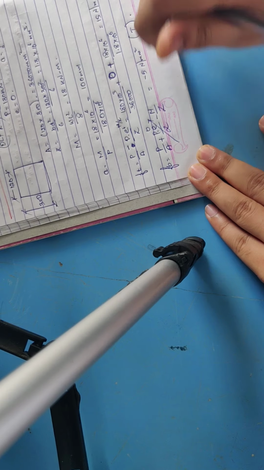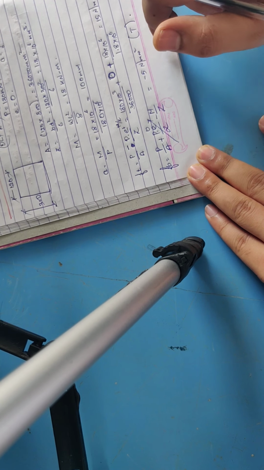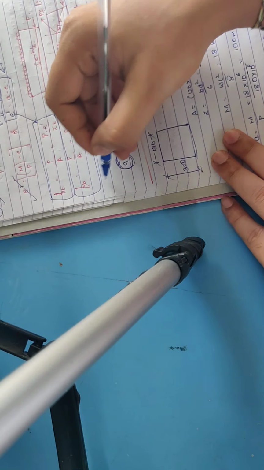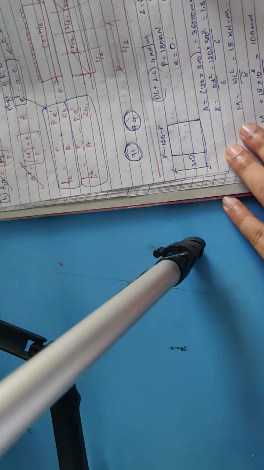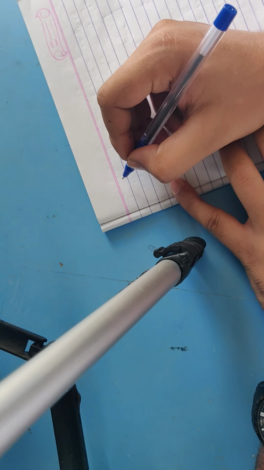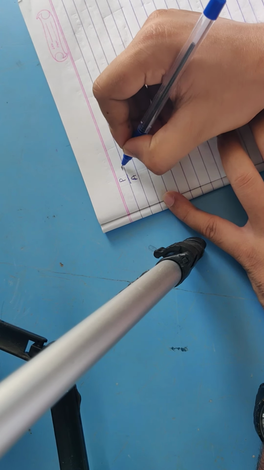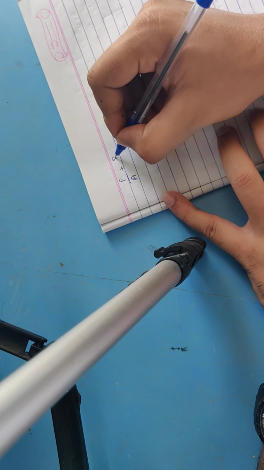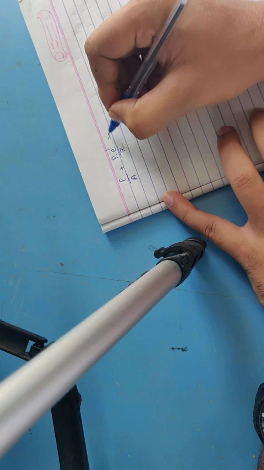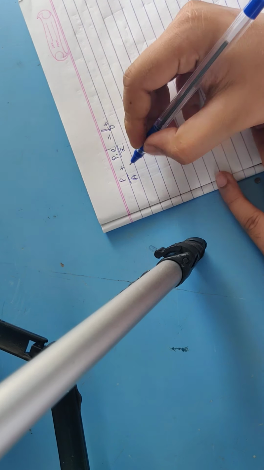Suppose he asks you to find the resultant thrust in this section, then you use this formula. P upon A plus P into E dash upon Z equals FT.